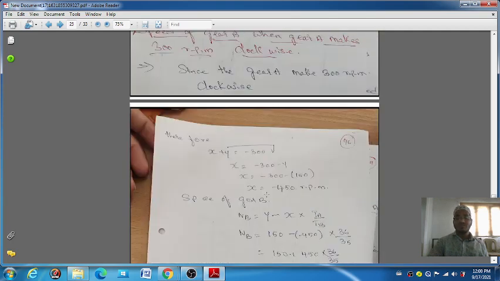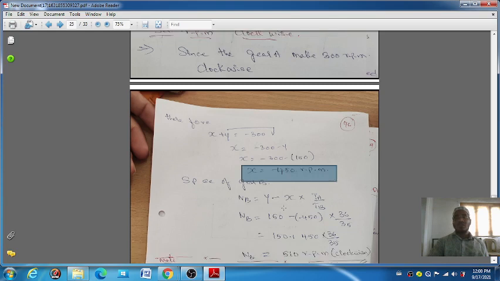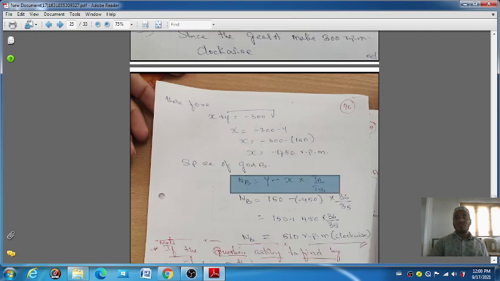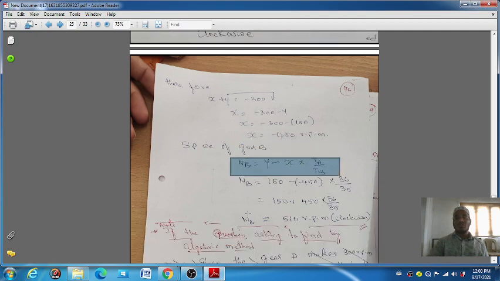Okay, x plus y is equal to minus 300, x is equal to then minus 300. Just change the value of minus y here, then substitute the minus y, then you will be get that the value of x is equal to minus 450 rpm. Then again you have to find the speed of the gear here, then just substitute the value, then you will be get the speed of the gear in clockwise direction.